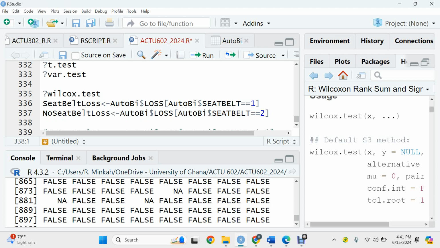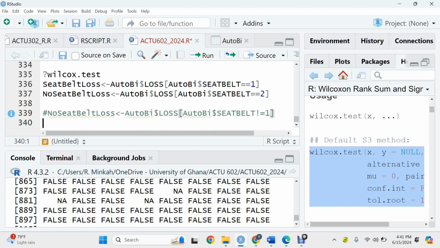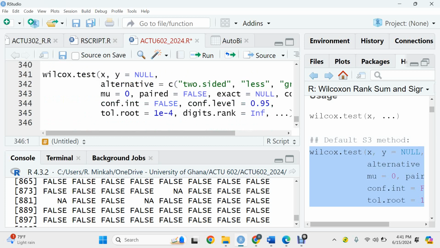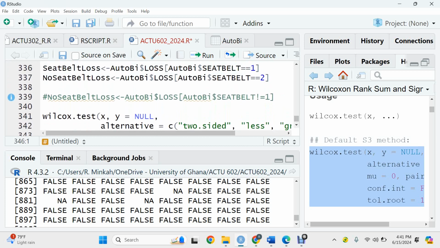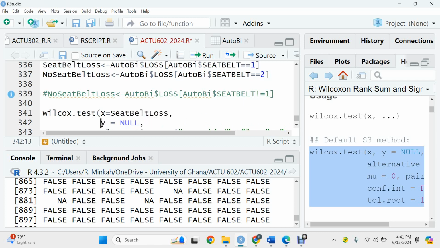That 1 will be X, 1 will be what? Y. So from all what we have done, I can copy this and paste over here. What I'm doing is to replace X with what? Seat belt. Y with what? No seat belt. Is everybody okay? Good.